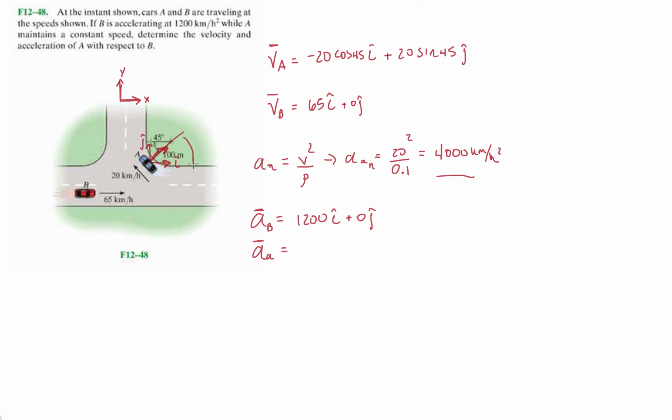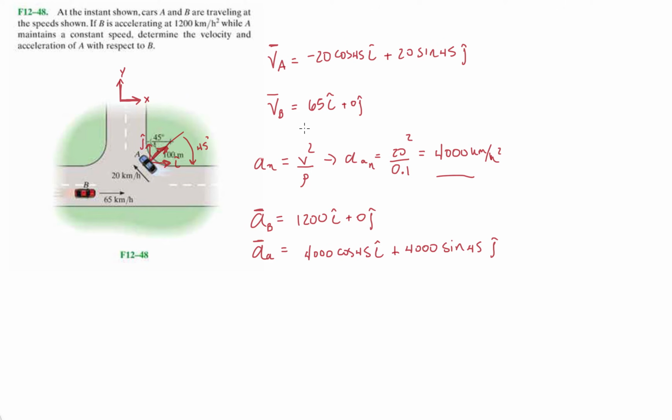We want to collapse it into components, so it's going to be 4,000 cosine 45 i, plus 4,000 sine 45 j. Remember this angle here is 45. And then we're pretty much home right there.